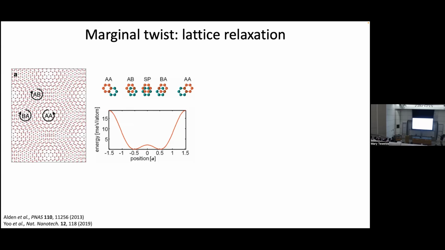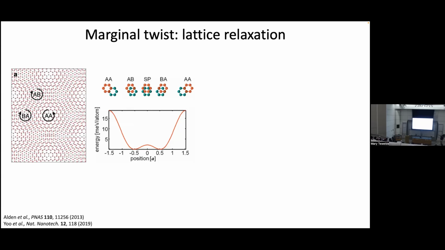So there are various different stackings. All these pictures that I've shown you of twisted layers on top of another one, the lattices started out rigid. But in fact, that's, as I said, not the case. And depending on what sort of stacking you have, there's different energetics associated with that local stacking configuration. And it turns out these AB and BA stackings, where carbon atoms are sitting in the middle of the hexagon of carbon atoms in the adjacent layer, is the preferred configuration.